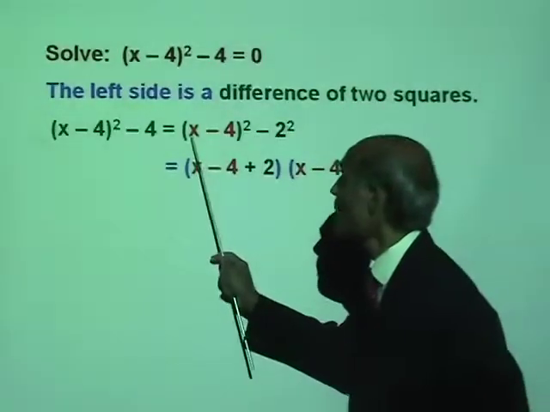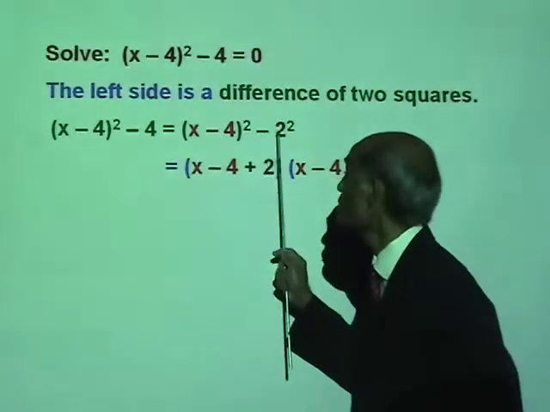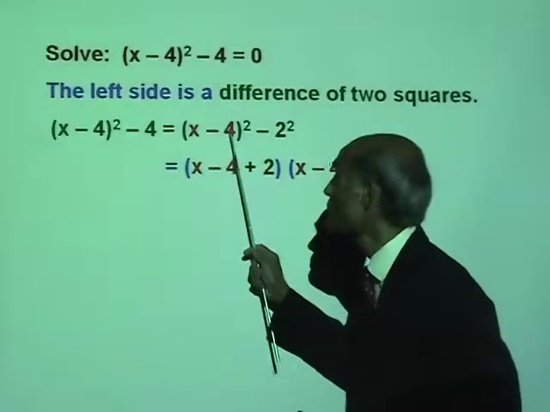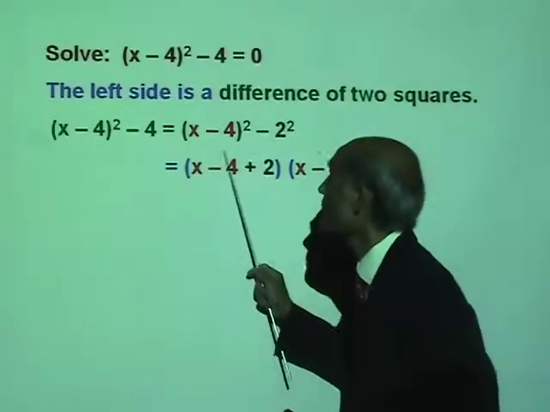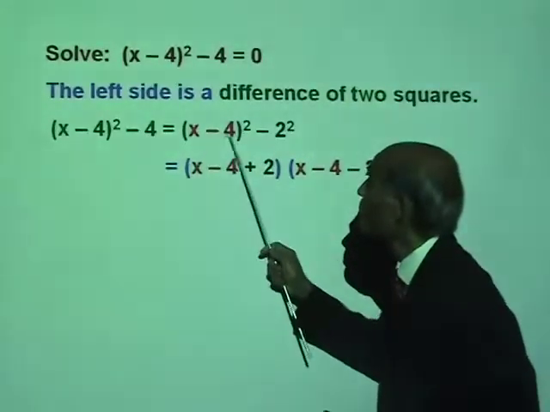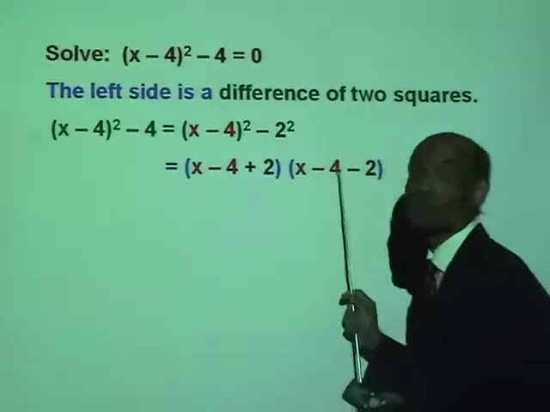Alright, the sum of the first quantity is x minus 4, the second quantity is 2. The sum of x minus 4 and 2 is x minus 4 plus 2. The difference of the two quantities is x minus 4 minus 2.